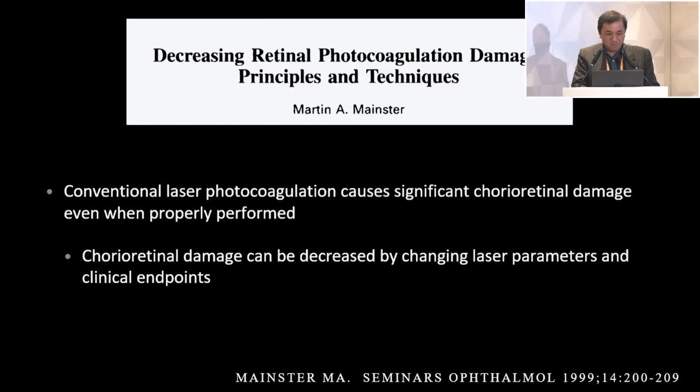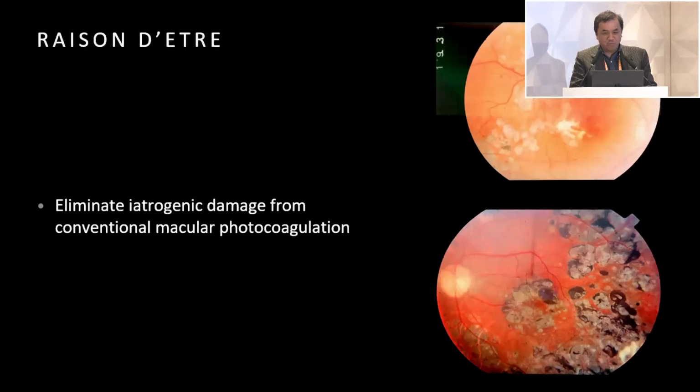So we're going to be talking and making the differentiation between conventional laser photocoagulation, and it causes significant chorioretinal damage even when properly performed. And we can decrease the damage by changing the laser parameters and the clinical endpoints.